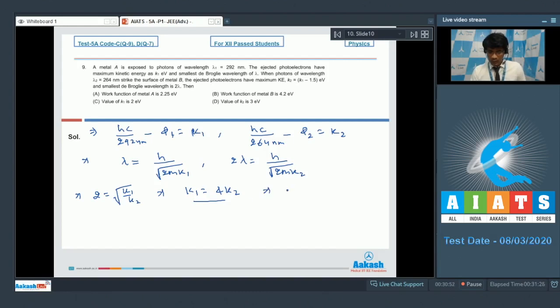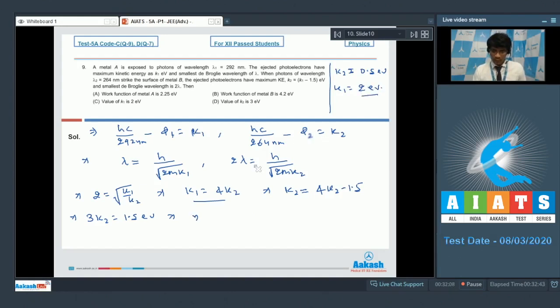That means k2 must be equal to 4k2 minus 1.5 electron volt, or simply 3k2 is equal to 1.5 electron volt. That means k2 is equal to 0.5 electron volt, and k1 is 4k2, which is 2 electron volt.